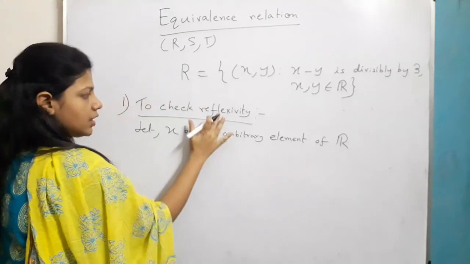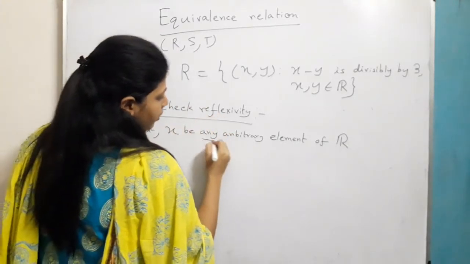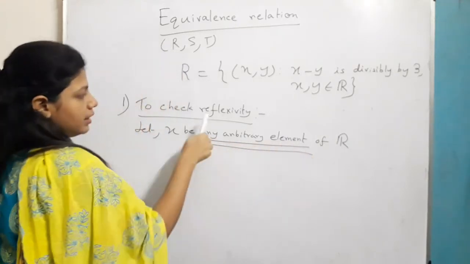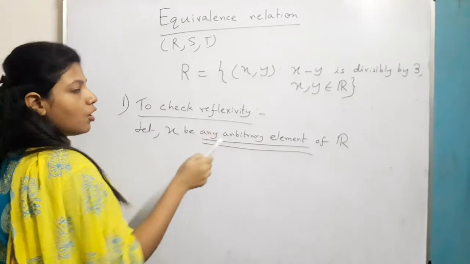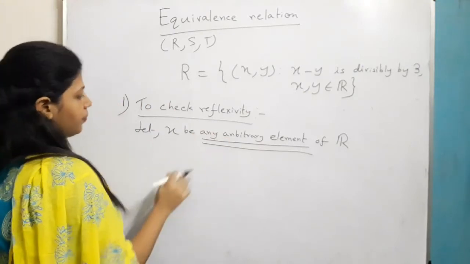To check reflexivity, I will also take one arbitrary element. Why arbitrary? Because we know that this one should be true for all the elements. That's why I have taken arbitrary here.